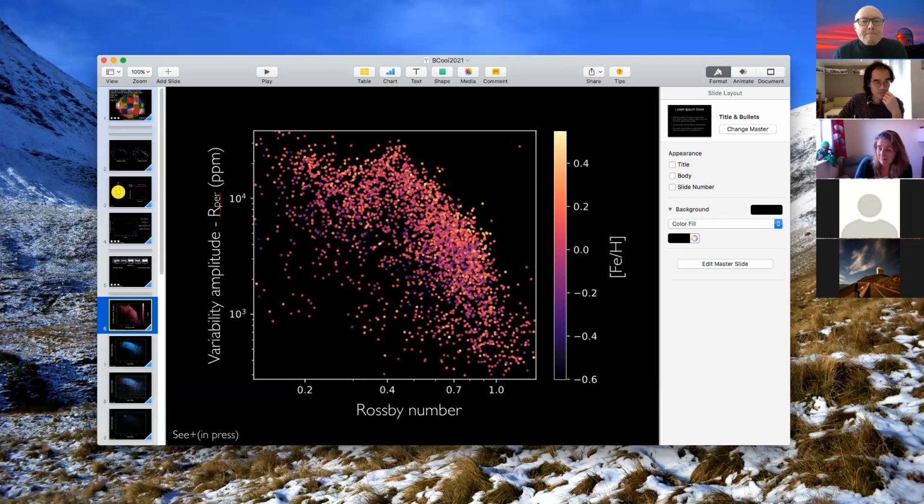So are you talking about inclination effects? Is that what you're alluding to? No, I mean that when you measure the variability amplitude, you measure the non-axisymmetric distribution of star spots. If you have an axisymmetric distribution of star spots, then you won't see any variability amplitude.